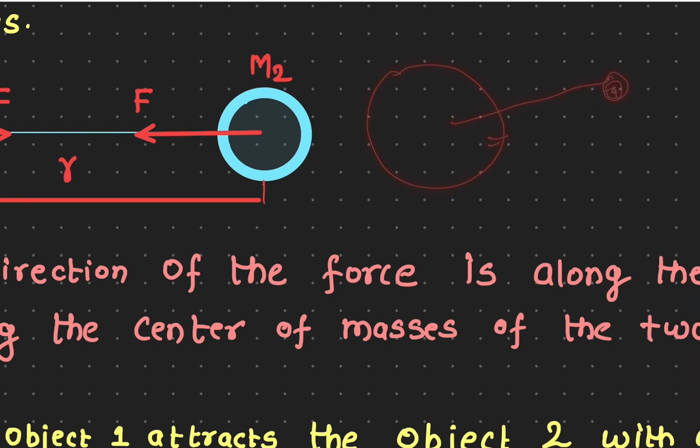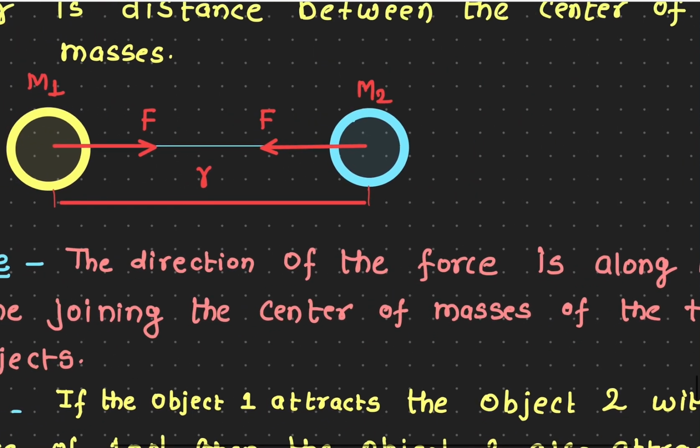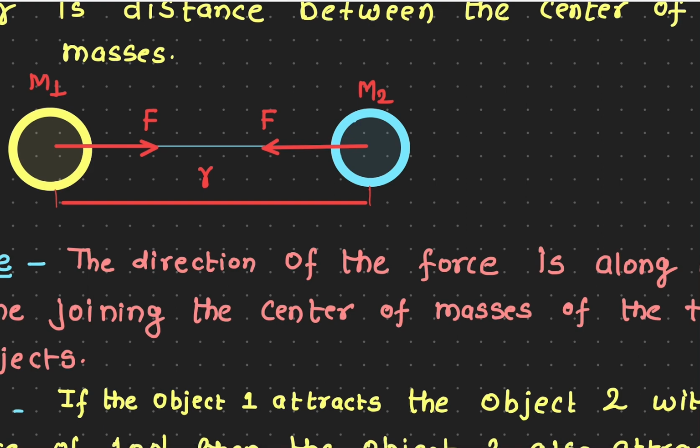For example, if the first object attracts the second object by 100 Newtons, then the second object also attracts the first object by exactly the same force of 100 Newtons. So the two objects always attract each other with exactly the same amount of force. The acceleration could be different, but the magnitude of force would be exactly the same.